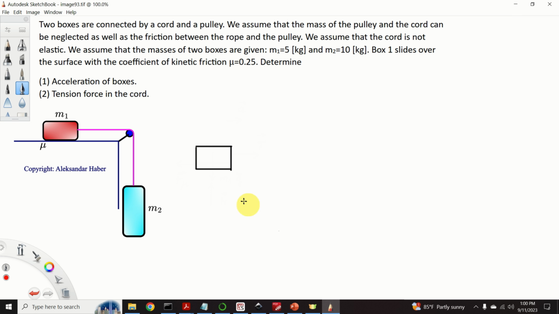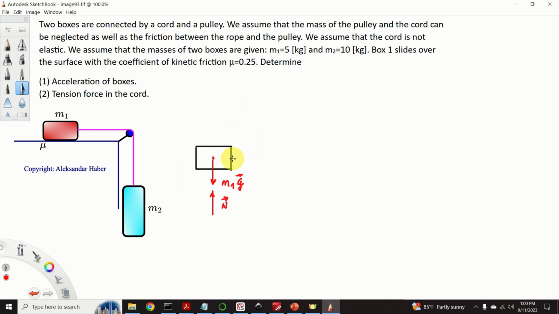Obviously, we have the weight of the box, M1g, where g is the gravitational acceleration. Then, we obviously have the reaction force N. This is the force that the surface is exerting on the box. And this is the normal component of the reaction force.